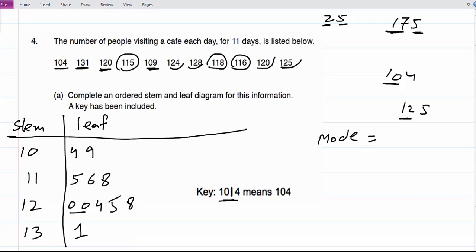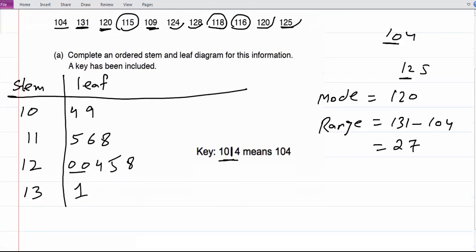The most repeated value in any row is 0. So 0 with 12, so 120 is the mode. Range: largest value minus smallest value. That is 27 is the range.